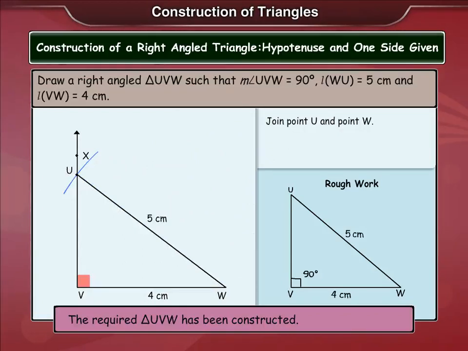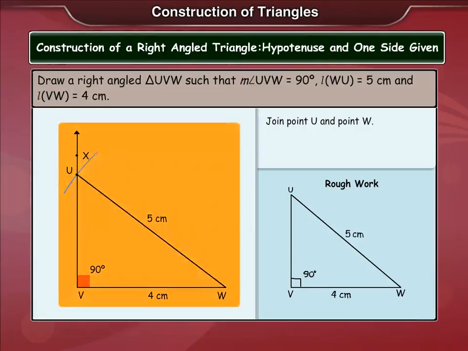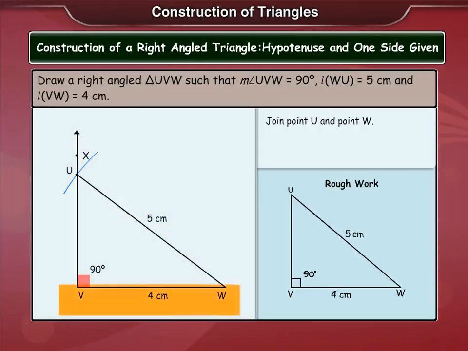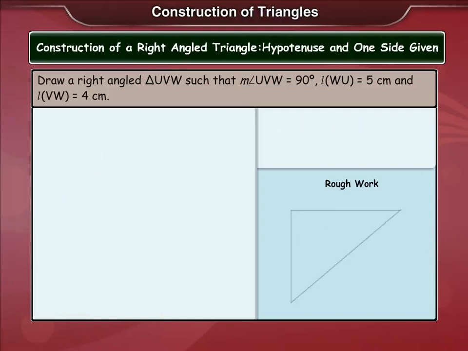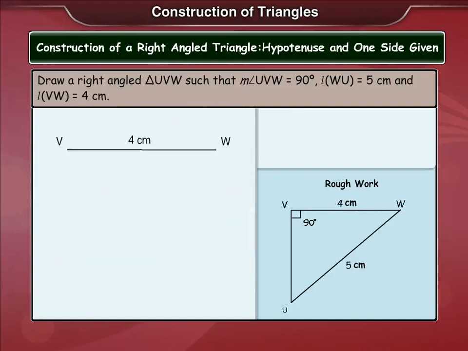Angle XEF measures 90 degrees. With point F as center and radius 10 centimeters, draw an arc to cut ray EX at point D. Join point D and point F. The required triangle DEF has been constructed.